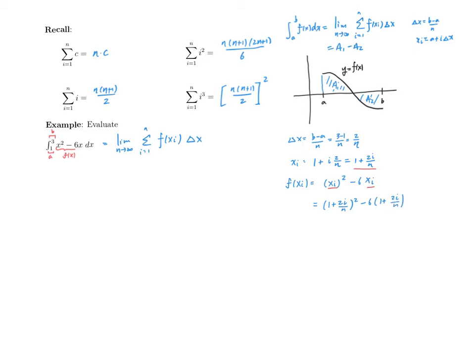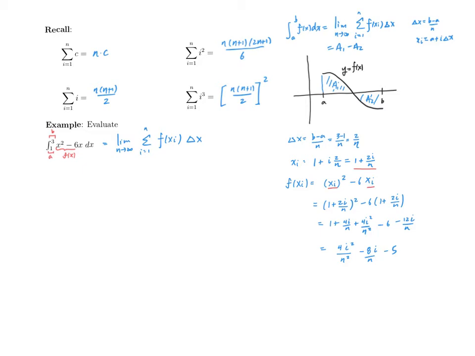If we expand this, and I'll do a couple steps of algebra to make sure I'm not making a silly mistake, I would have 1 plus 4i over n plus 4i squared over n squared, just foiling that out, minus 6 minus 12i over n. Ordering these terms from highest power to lowest power, we would have 4i squared over n squared minus 8i over n minus 5.